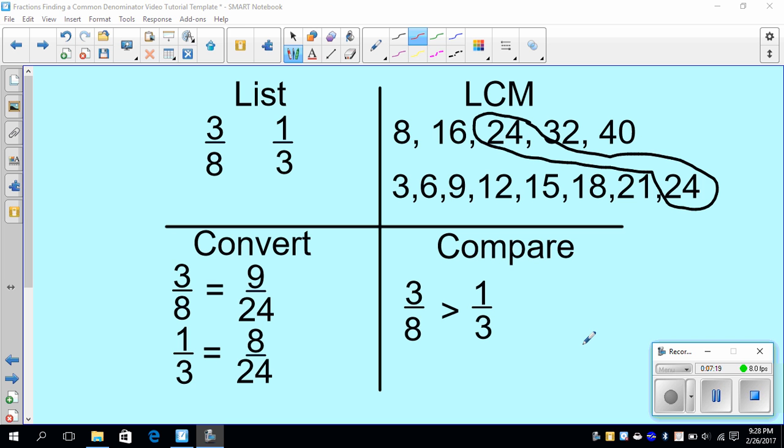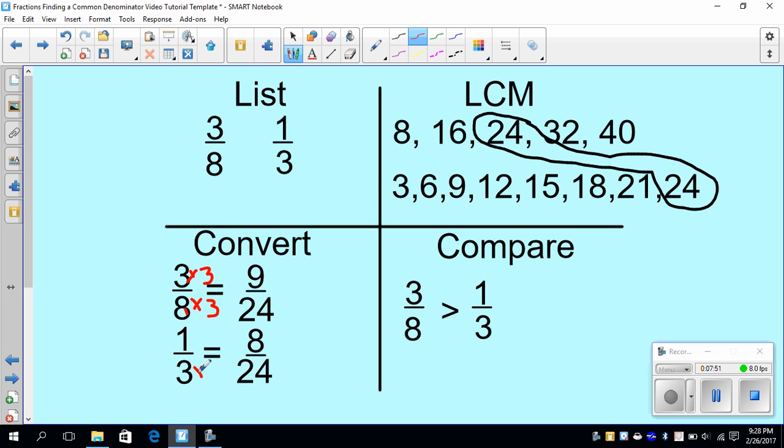All right, so how did you do? Your LCM quadrant should look something like this, and you should have found the LCM to be 24. When you converted, you should have found that 3 times 3 is what you had to do, because 8, off alignment there, sorry about that. 8 times 3 is 24, so 3 times 3 would give you 9.